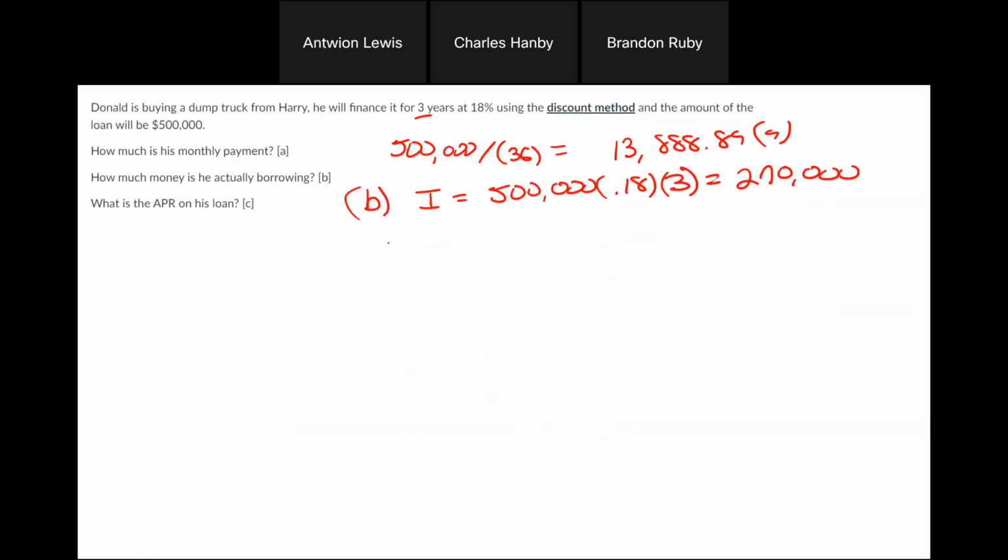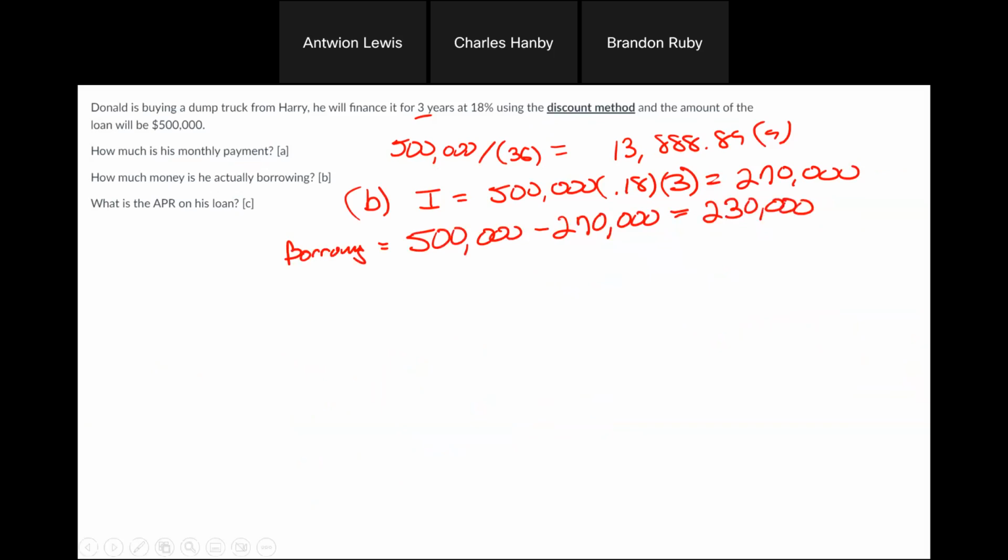So the amount he's borrowing is the principal amount, the 500,000 minus the 270,000. So he's really only borrowing about 230,000.